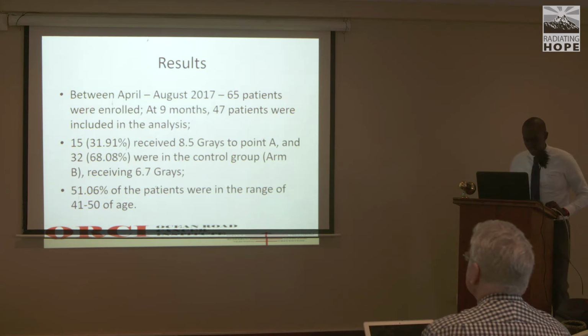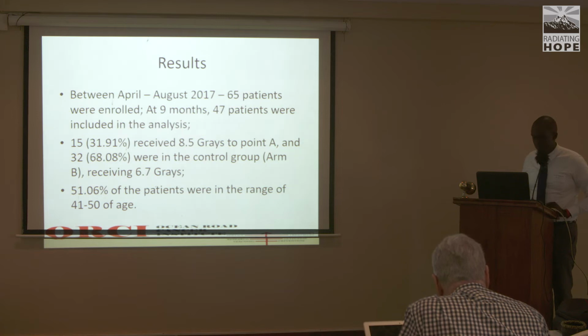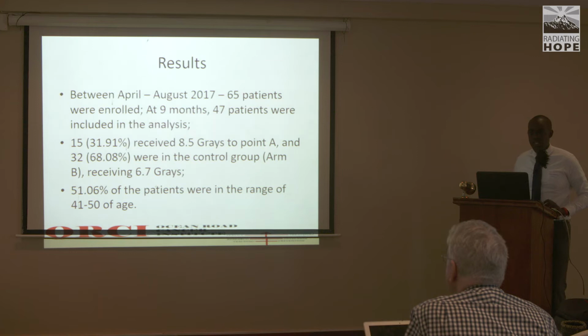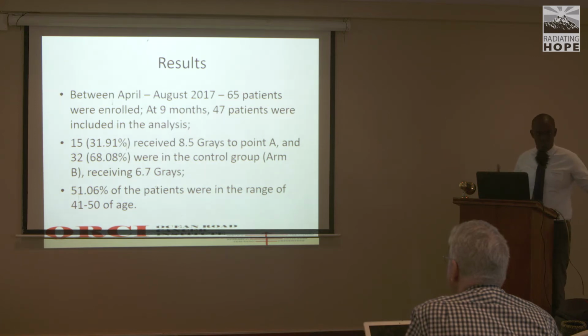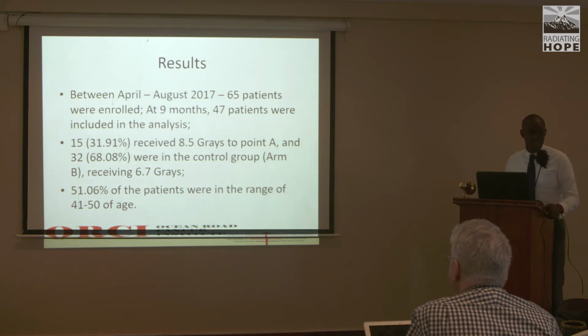Between April and August 2017, we had about 65 patients recruited within the time of recruitment. Obviously many of the patients were excluded because they couldn't meet the inclusion criteria. And the bigger issue was that a machine broke down in the process and we couldn't recruit enough.